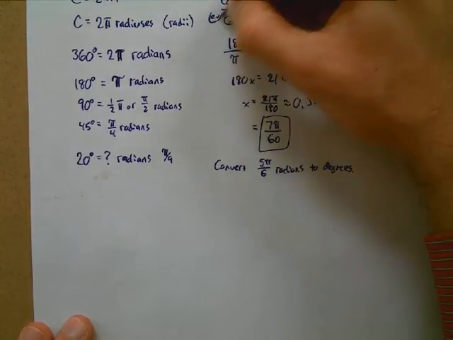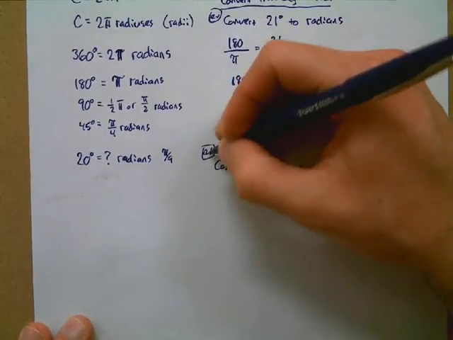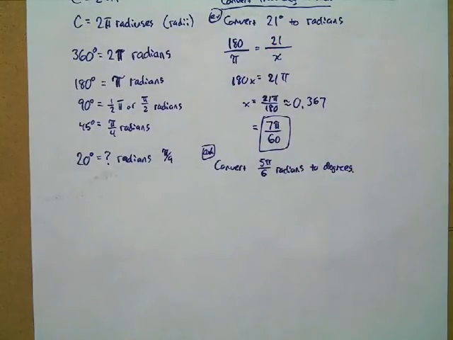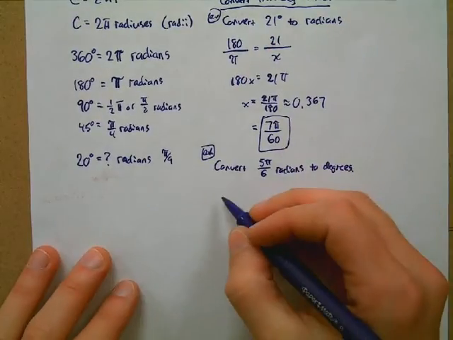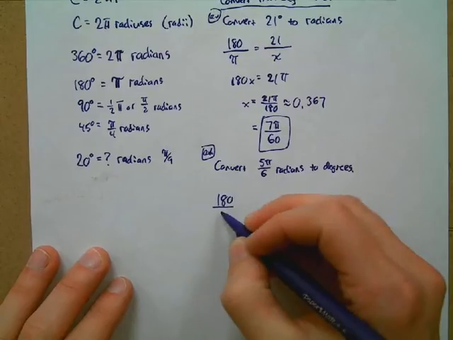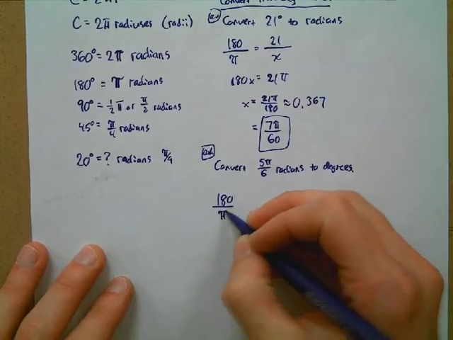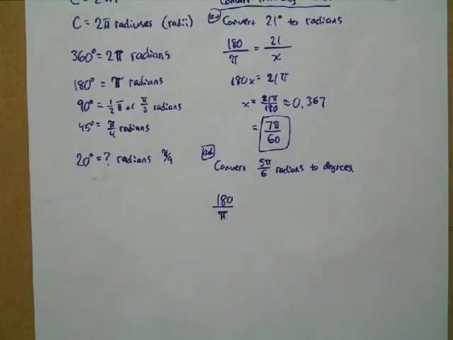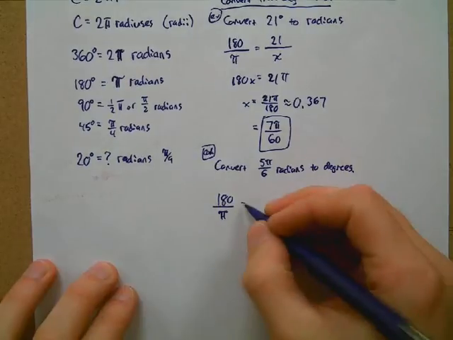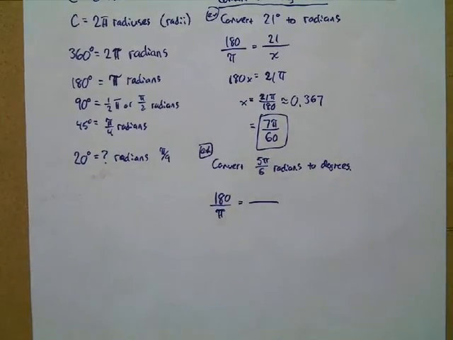So in this case, again, I'll start with the 180 over pi, my known ratio there: 180 degrees always matches up with pi radians. They're the same thing. And in this case, that 5 pi over 6, where does it have to go? Since that's now a radian measure, where should that go to match up?